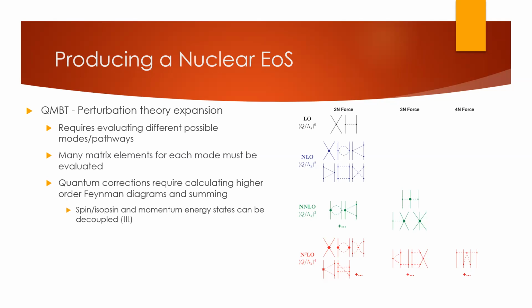In actually calculating each of the terms in this expansion, that's not so simple, as each of these interactions must also be summed over all of the possible states for the particles that are involved. So that includes, for each particle involved, a spin, isospin, basically proton or neutron, as well as possible momentum or energy states.